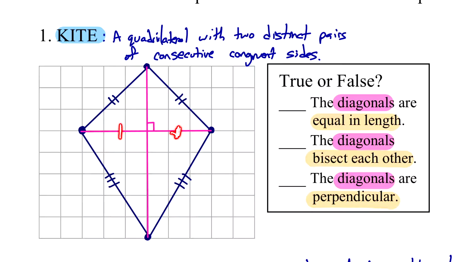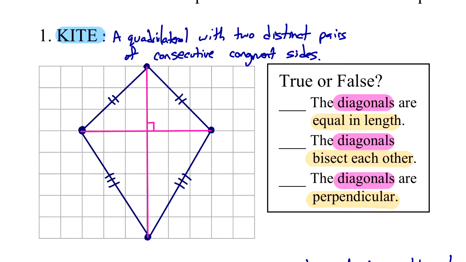So here one line got cut into 2 equal pieces. But when I look at the line that goes up and down, this one has a measurement of 3, and this one has a measurement of 5. So these two pieces are not the same length. So they do not bisect each other. Only one of them gets bisected.